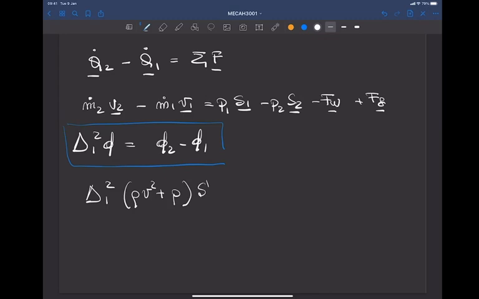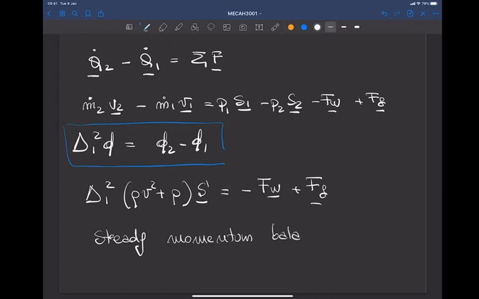So this is the difference between these two contributions at section 2 and section 1. This is equal to minus the wall forces and plus the gravity forces. Okay, so this is the steady momentum balance for a control volume.